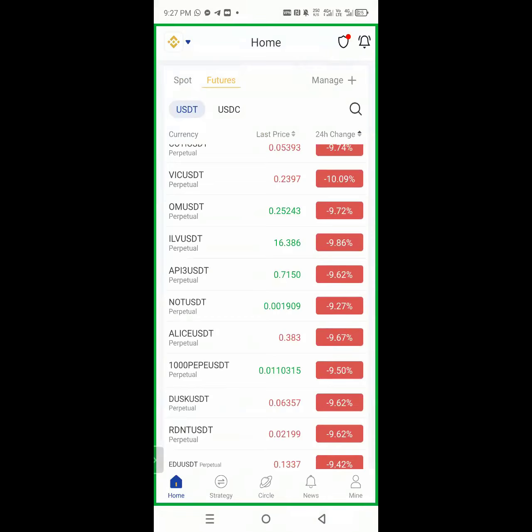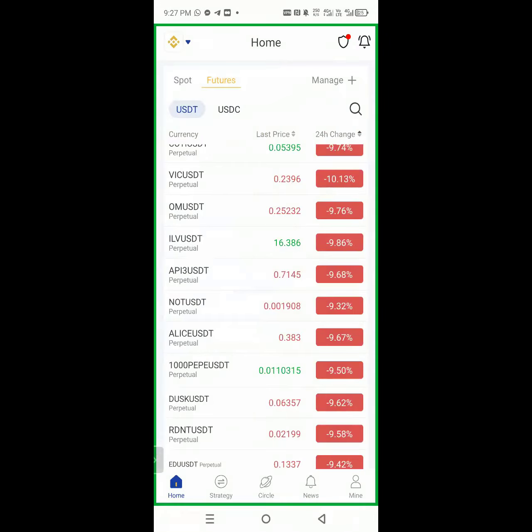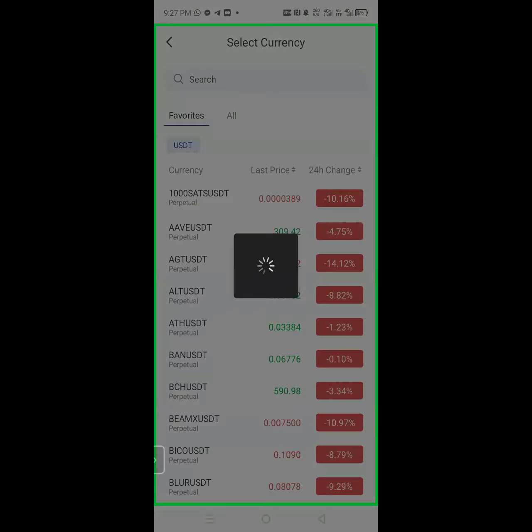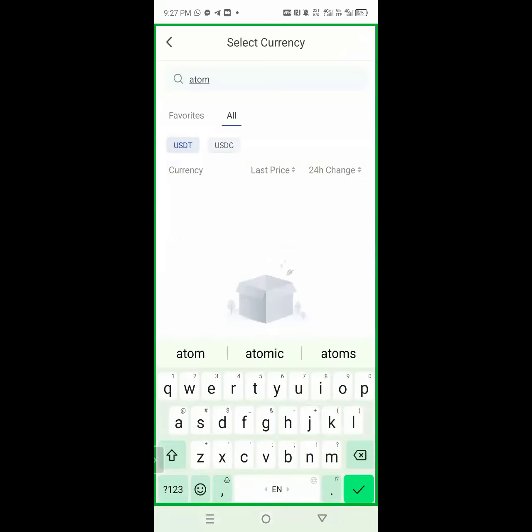Hello, I hope I'm audible. Somebody mentioned ATOM. Check the chat box. Okay, ATOM. Is it for spot or for futures?